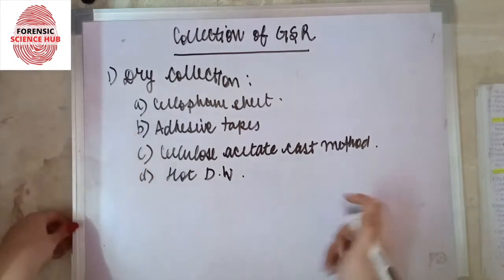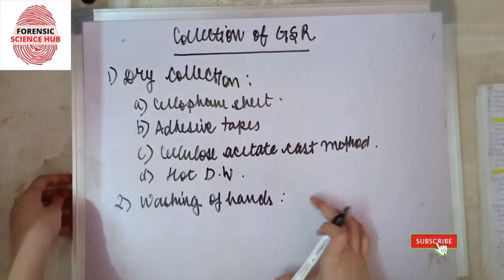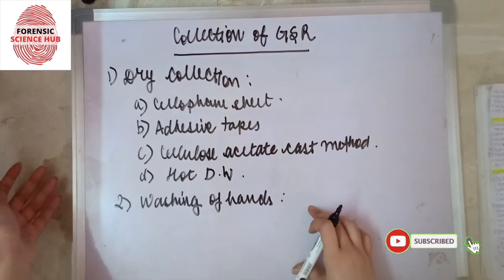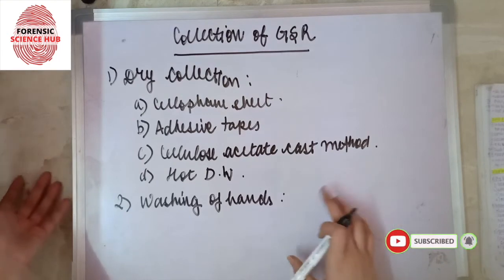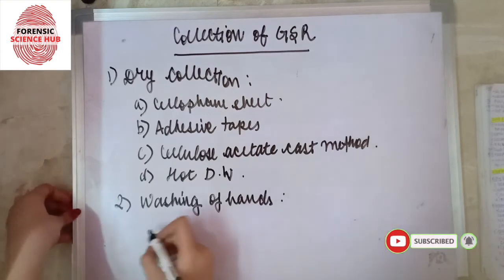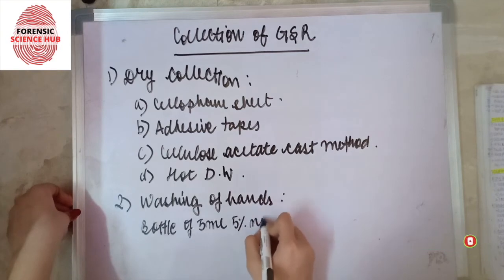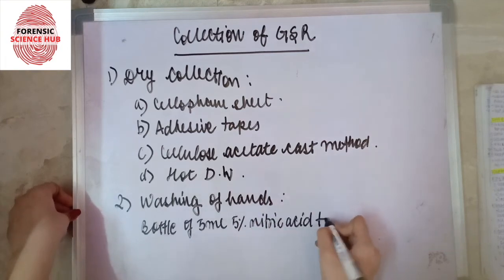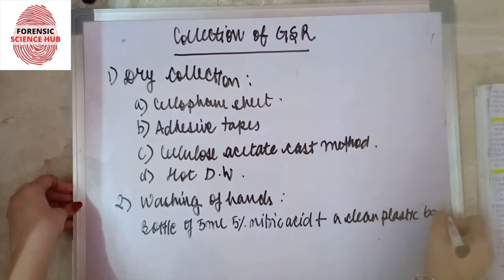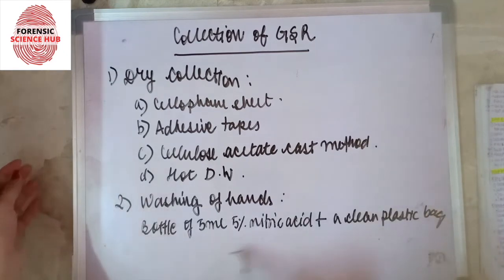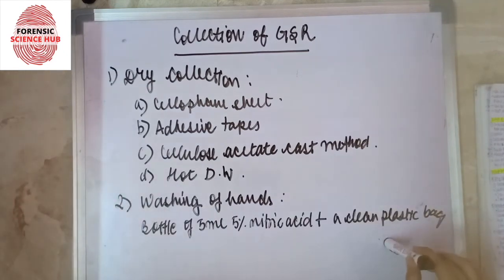Next comes washing of hands. In this method a kit is used, and that kit contains a clean bottle of 50 ml 5% HNO3, that is, 5% nitric acid, plus a clean plastic bag. The bag is opened and the bottle is emptied into this bag.